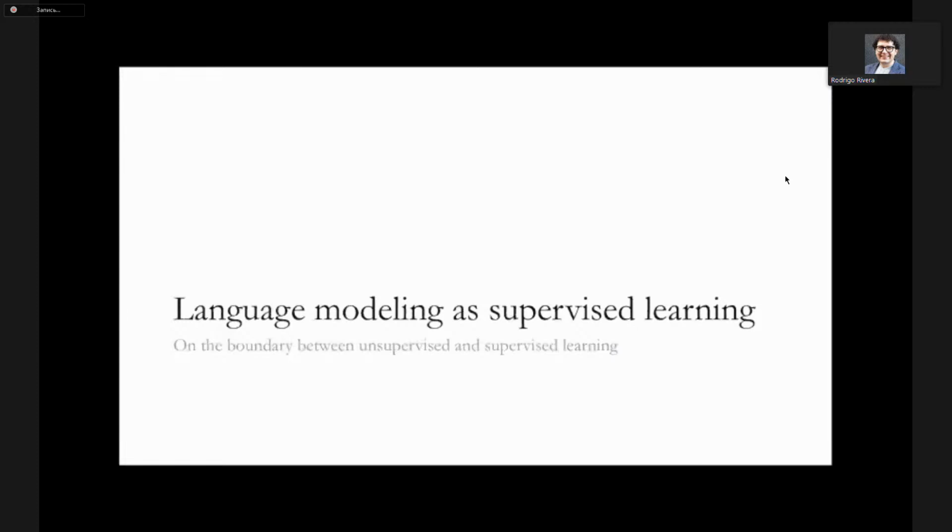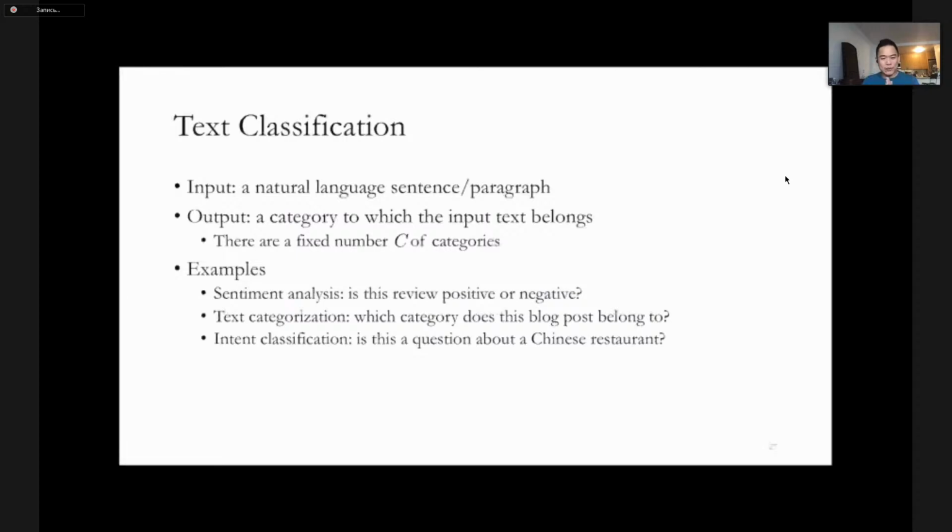All right, no questions. Okay, so we'll continue with language modeling as supervised learning. To do that, we need to talk about text classification. Text classification is a very traditional problem. Just like any other classification problem, we have input and output. The output is going to be a category to which the input text belongs.